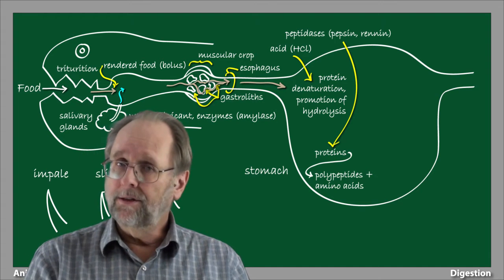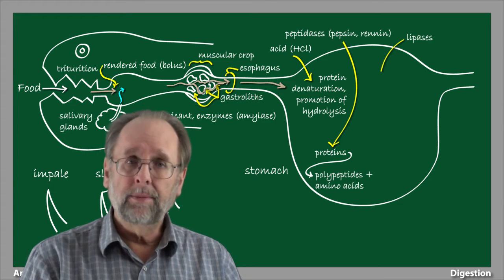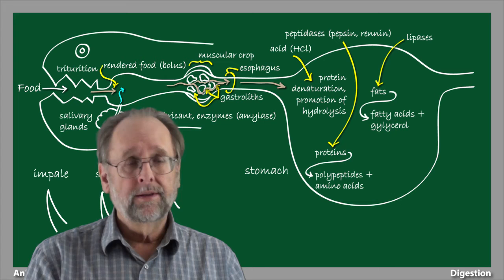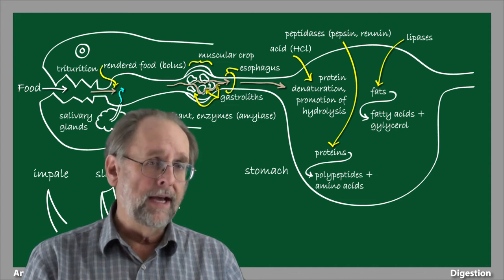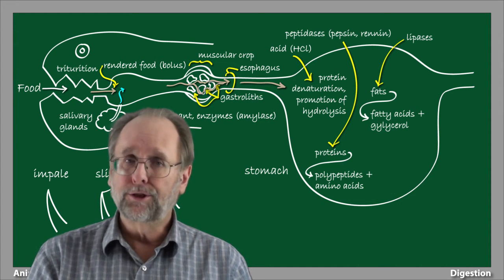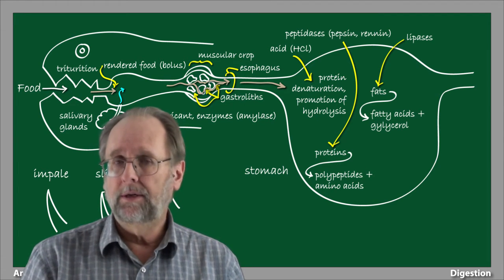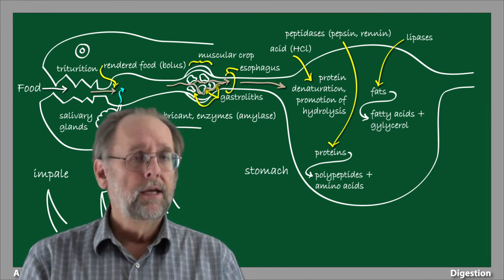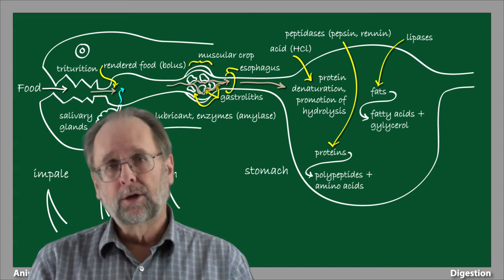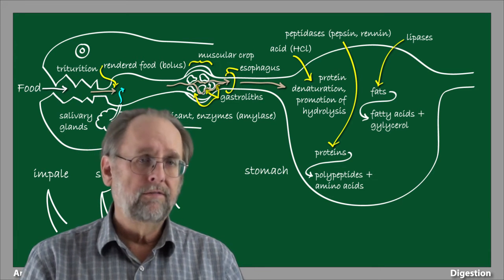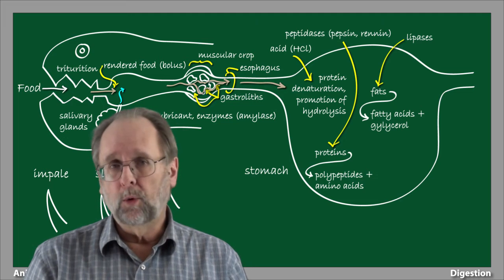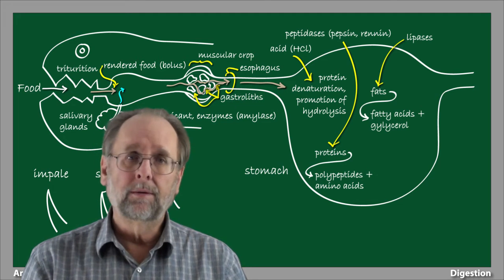The stomach lining also secretes a small number of lipases, which are enzymes that begin to de-esterify fats into fatty acids and glycerol. This action is fairly limited compared to the protein digestion that takes place in the stomach, largely because the ingested fats are mostly in the form of large fat globules, which the waterborne lipases have a difficult time getting to.